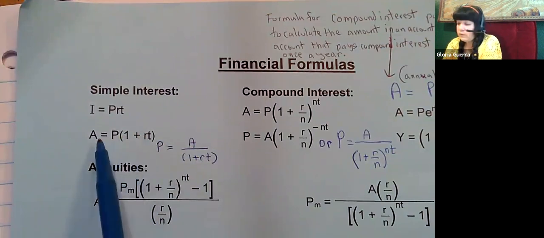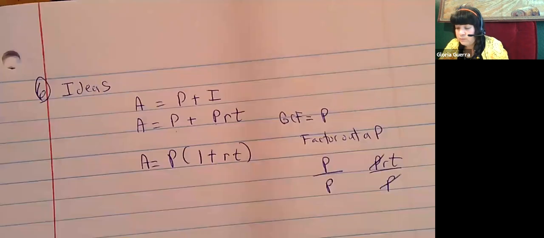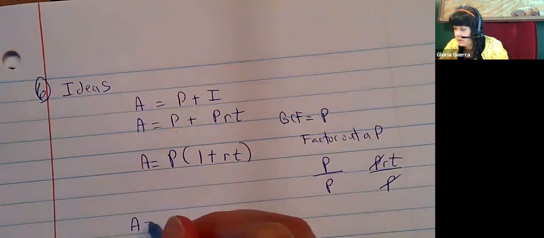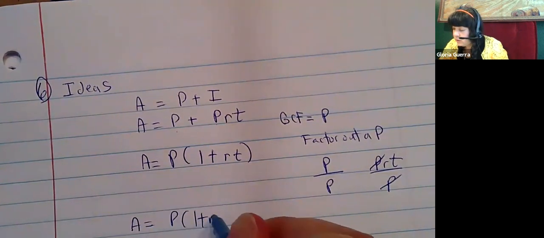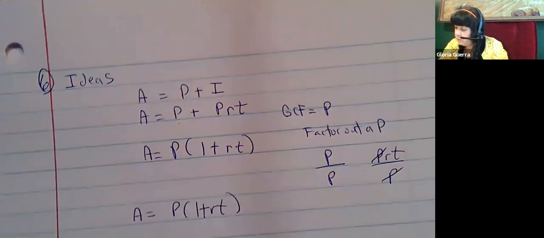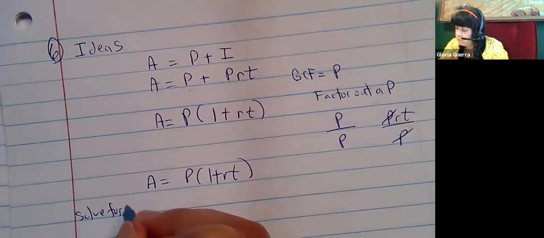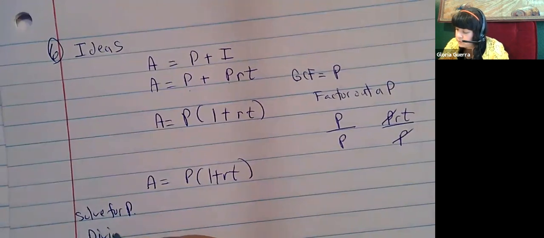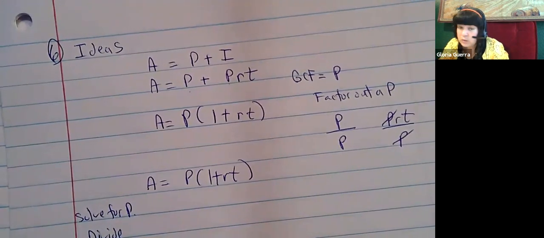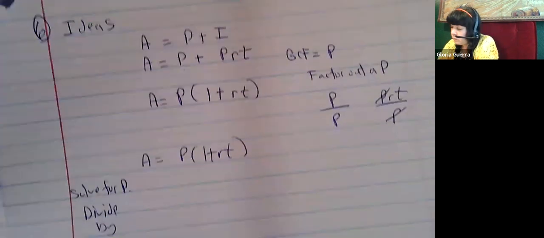If I have A equals P times 1 plus RT, and you want to solve for P, you would divide both sides by 1 plus RT.